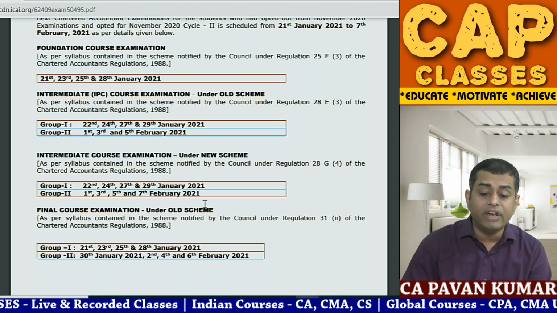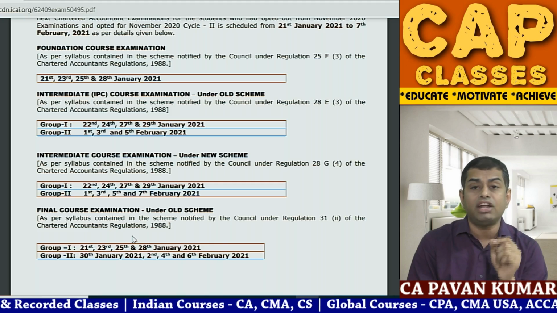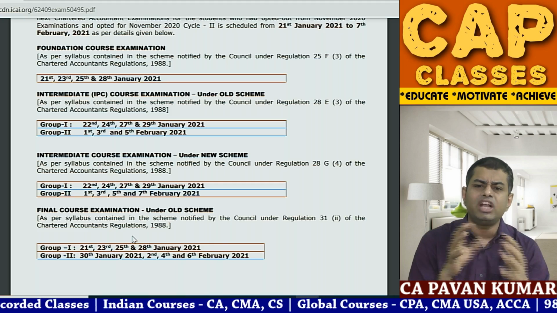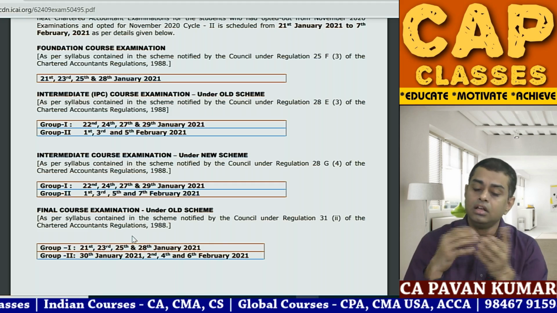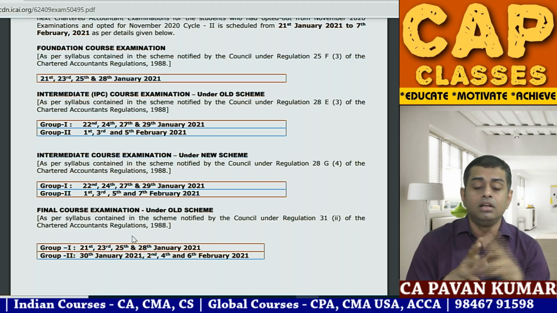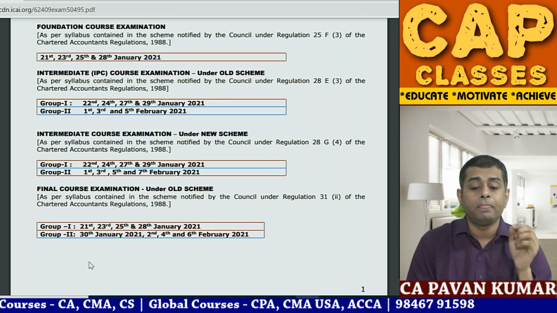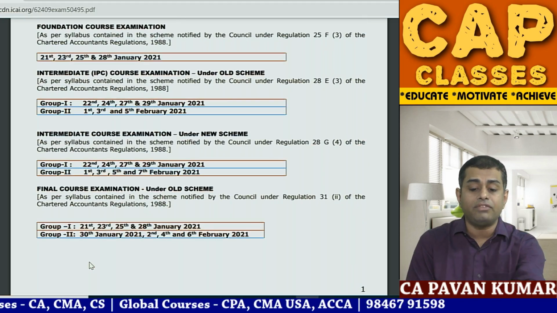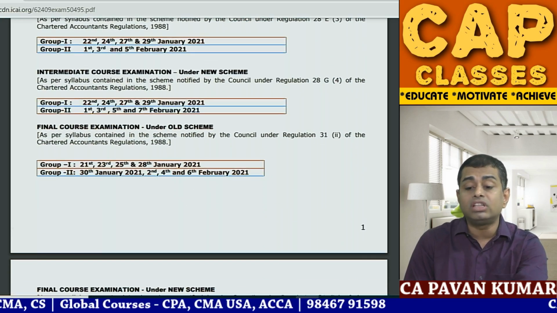Similarly, if you are a final student, your exams start on 21st. Usually foundation and final exams start on the same day. Next day intermediate exams will start. So ICAI followed the same pattern in how they have been conducting examinations. Final course exam under old syllabus: 21, 23, 25, 28, and group 2 on 30th Jan, 2nd, 4th, 6th February.